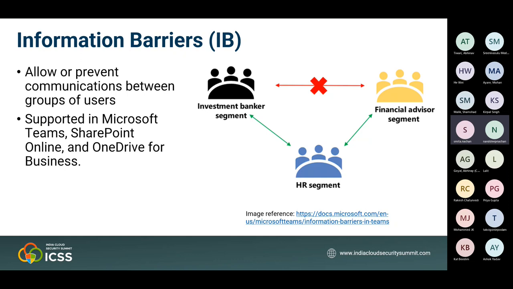So, with information barrier policies in effect, whenever the users who are covered by those policies attempt to communicate and collaborate with others in Microsoft Teams, SharePoint Online, or OneDrive, checks are done to prevent or allow the communication and collaboration as defined by the information barrier policies.